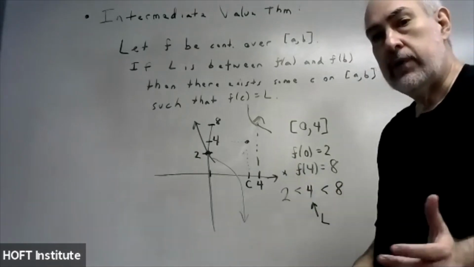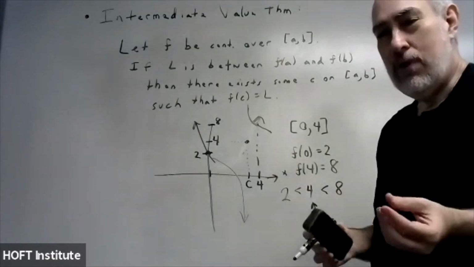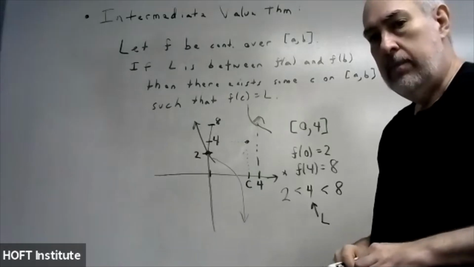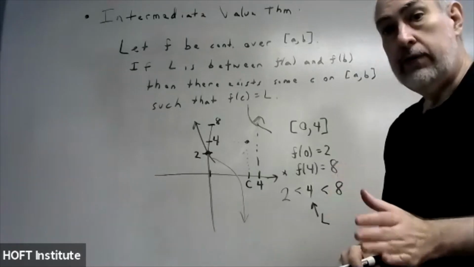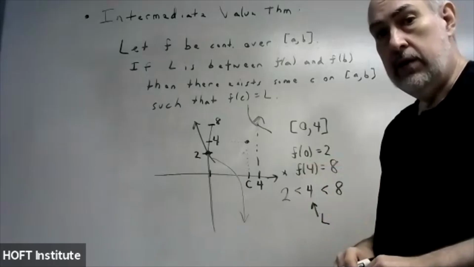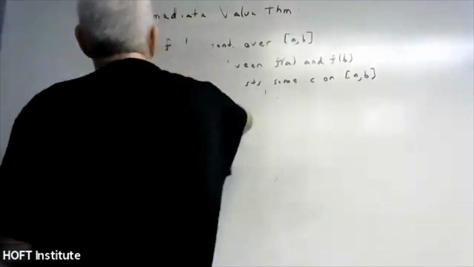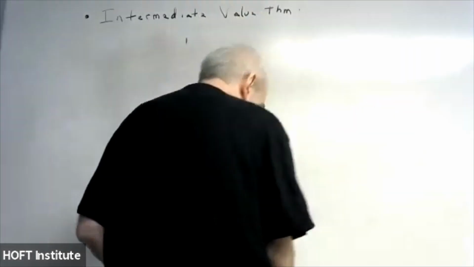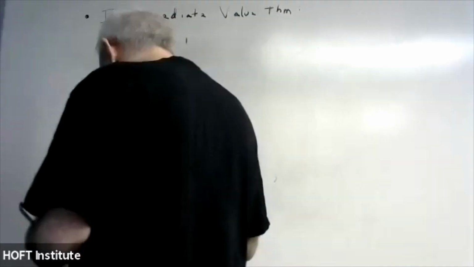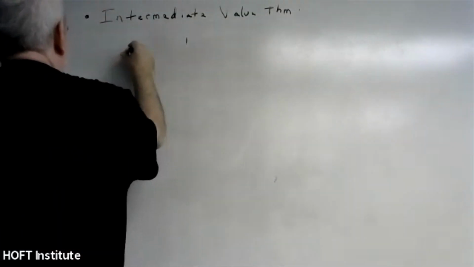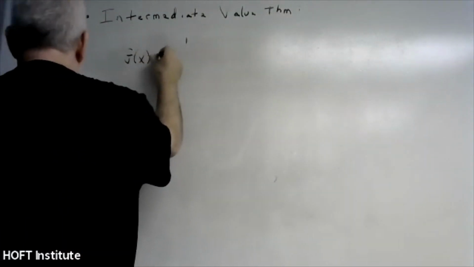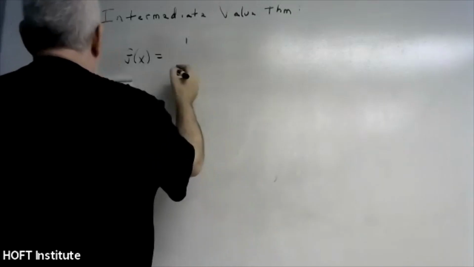Let's look at a couple of examples, and the first one's going to be like a practical example. It's going to solve a certain type of problem using the intermediate value theorem. Okay, so let's say we have a function and we're trying to find zeros of the function. A zero of a function is where the function crosses the x-axis.